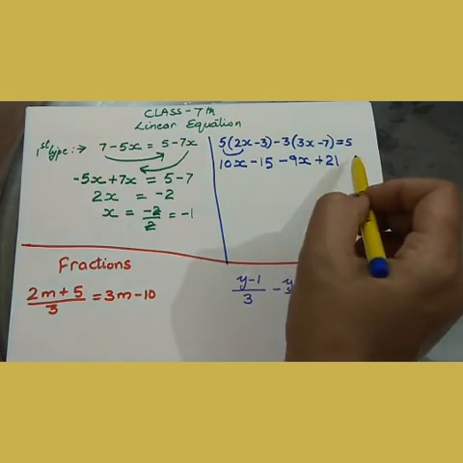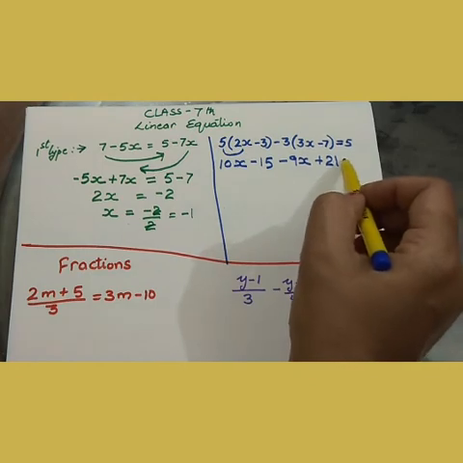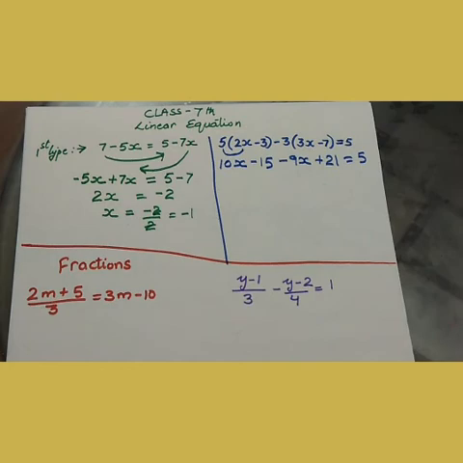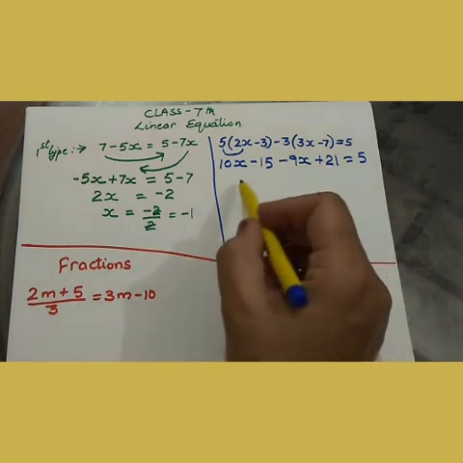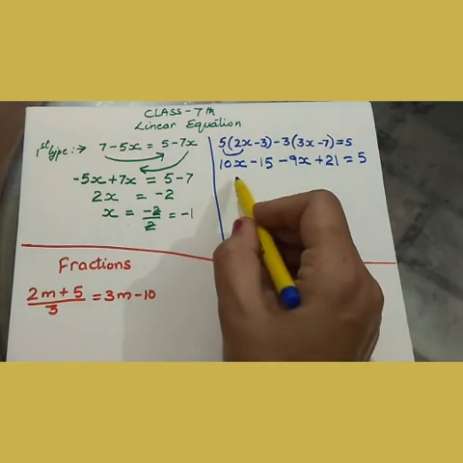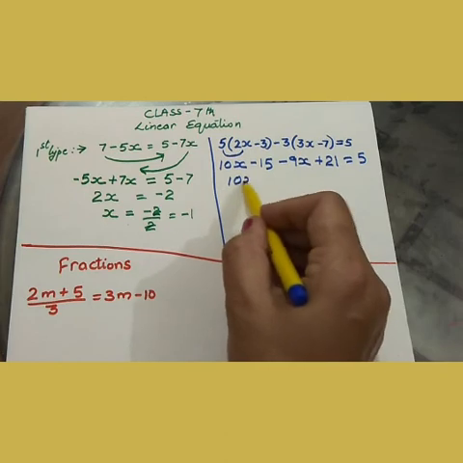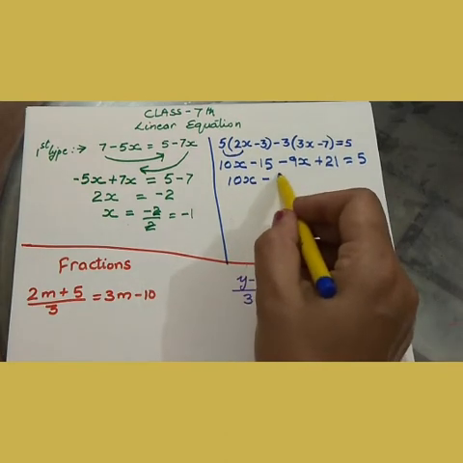And since there is no other number on the right side, we write the right side the same. The next step is to collect all the variable terms, the like terms, on the left hand side and all the constant terms on the right hand side. So over here, first we write all the variable terms on the left hand side. 10x minus 9x.